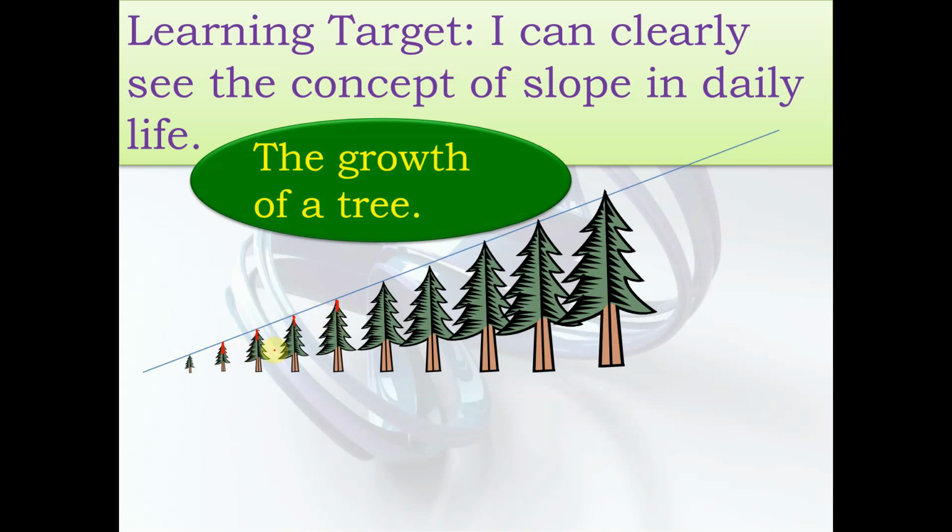Let's say the growing conditions like rainfall, sunrise, and sunsets are the same every year, then we should be seeing the same growth every year. These little red bars here should be the same every year. So that little thing is the growth change, the change of y.